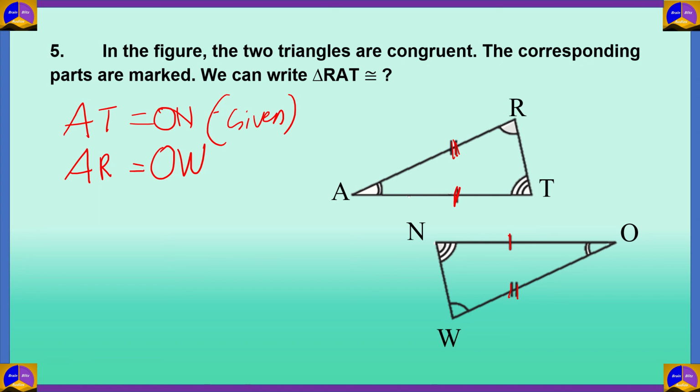Then we have AR is equal to OW. Now, the angle between it we can see is angle A and angle O. Now, since they are marked with two lines, that means that angle A must be equal to angle O. Reason given.